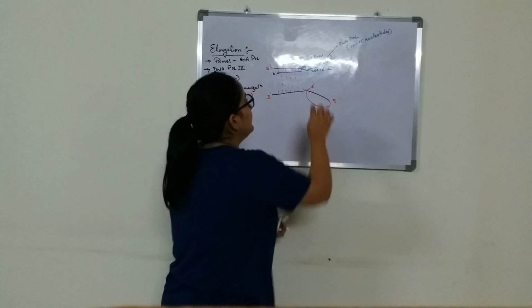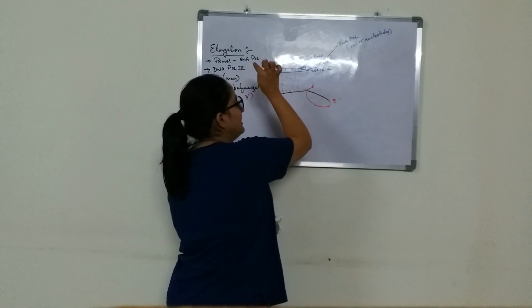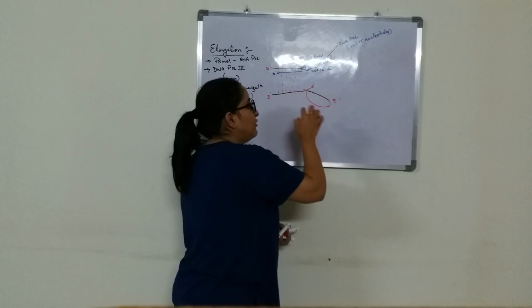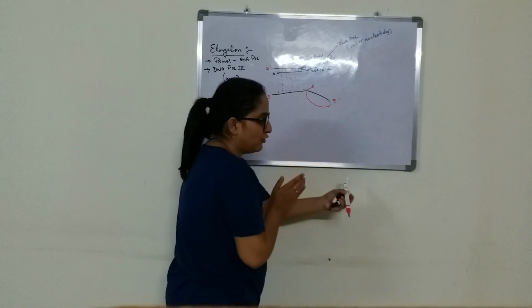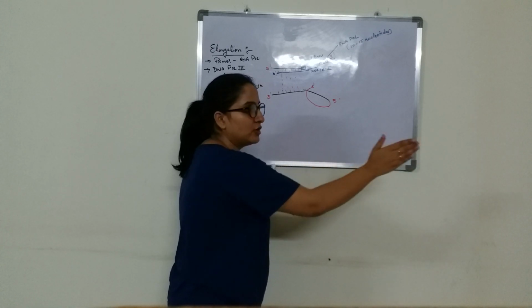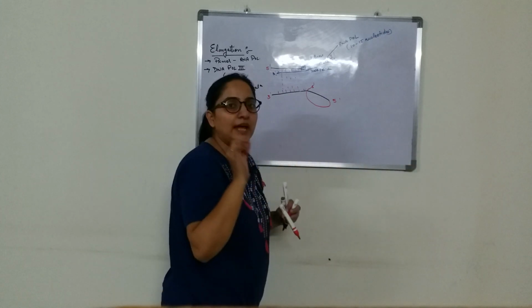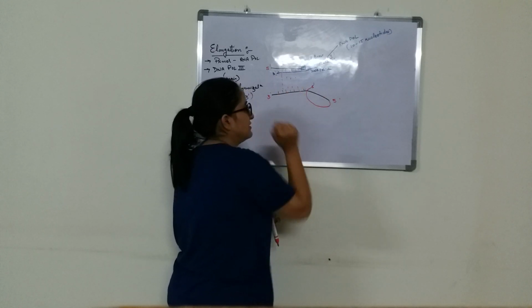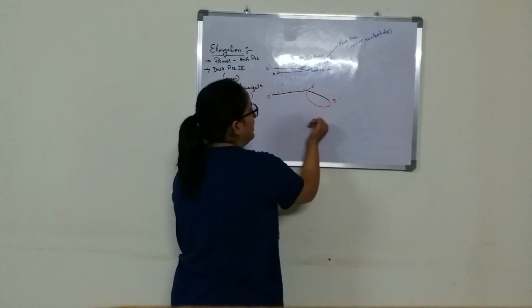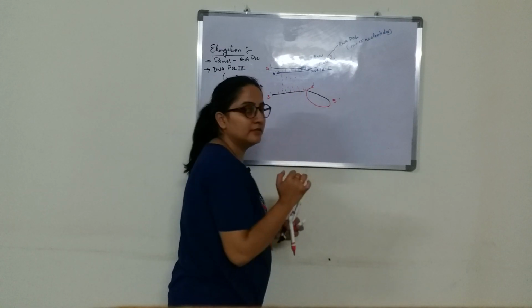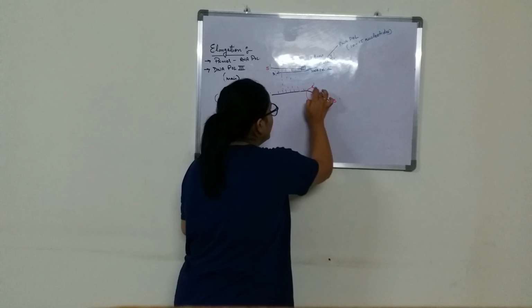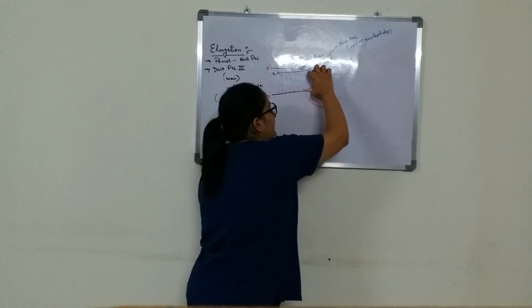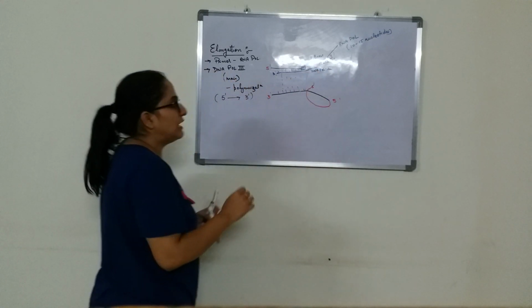All right, and DNA polymerase 3 is acting on this side, while since one enzyme cannot work in the opposite direction at a time, what happens? The downward strand will form a loop-like structure, and then it will come a little forward, so that it will be easier for DNA polymerase to act in both the strands simultaneously.